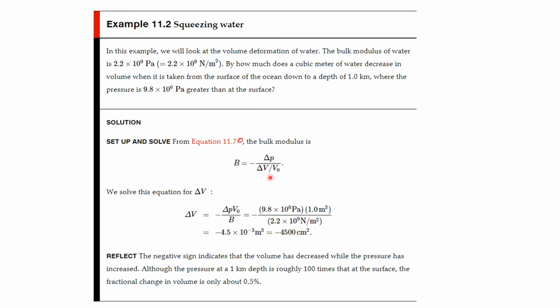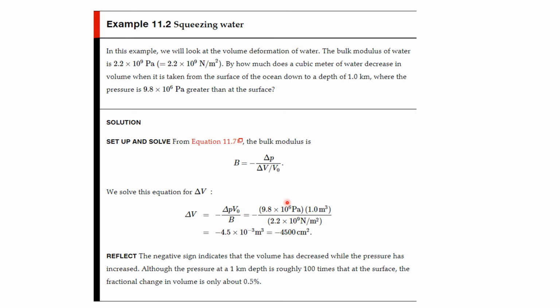So we're going to use this equation about the bulk modulus, and we're going to solve this for delta V. So delta V is going to be minus delta P V0 over B. You should perform this algebra to make sure you understand it.